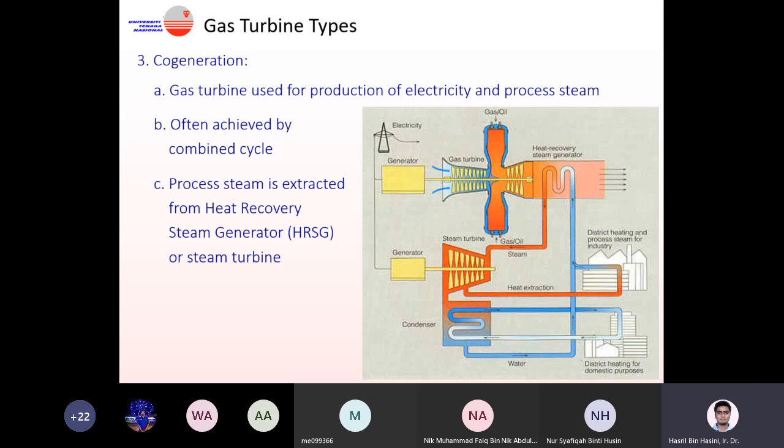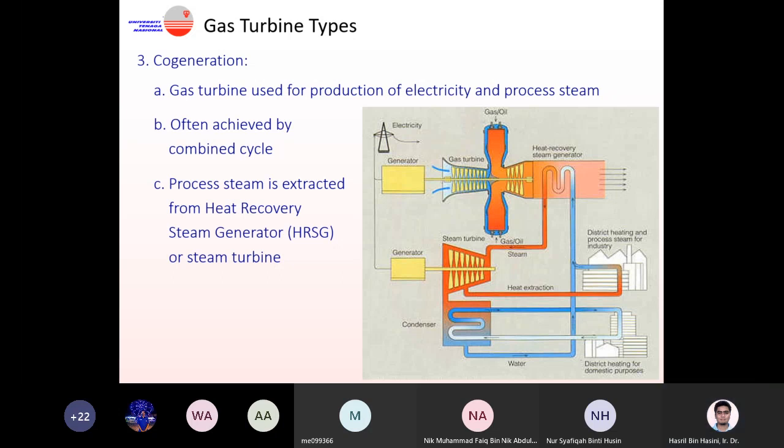Same thing as the one we mentioned for the steam turbine. When you want to produce steam, in that particular industry or factory, you have a gas turbine to produce the electricity.